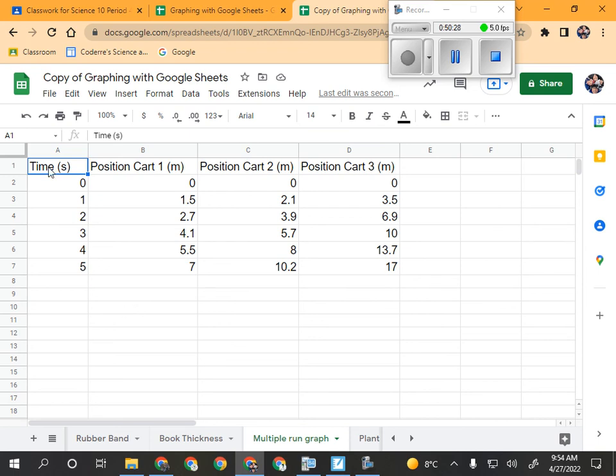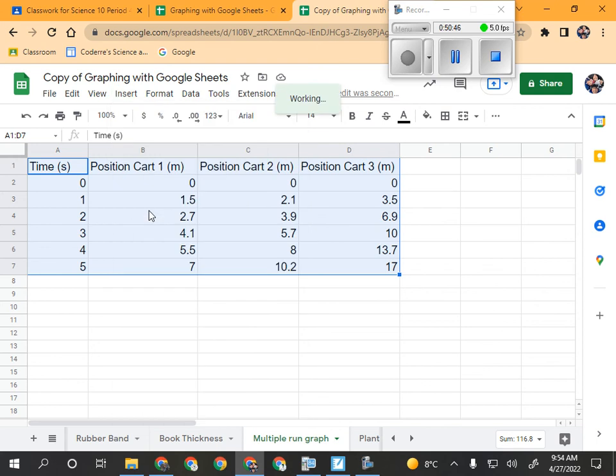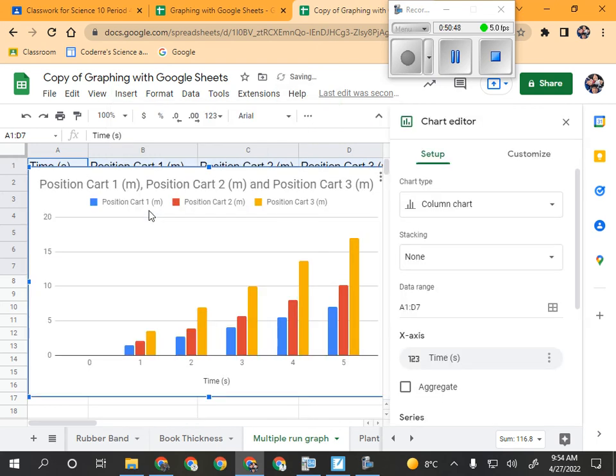Click and drag, highlight all the points, same as we did before, but this time we're highlighting all of them. And then insert your chart. Now, this is where Google Sheets starts to make mistakes.